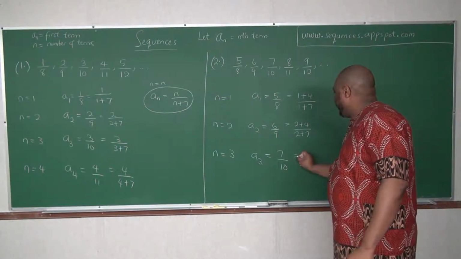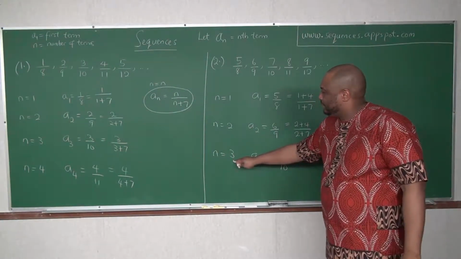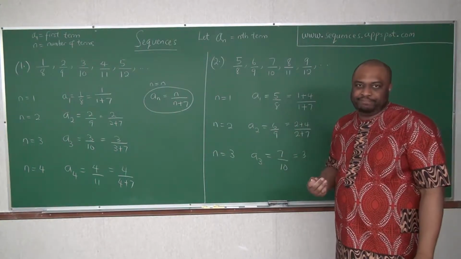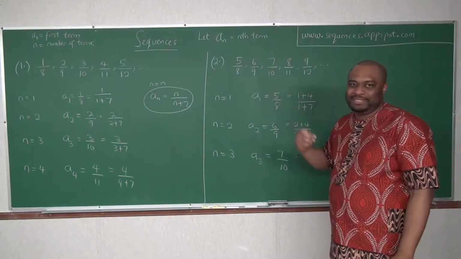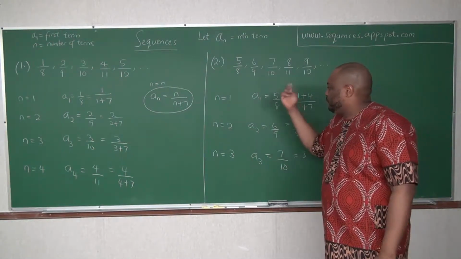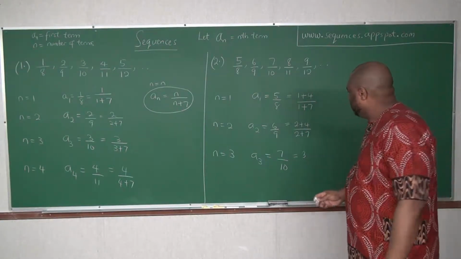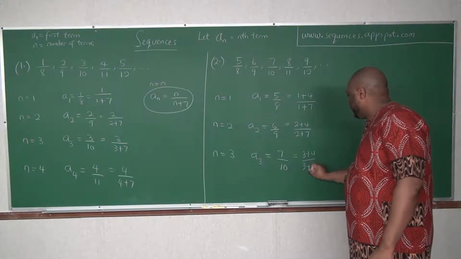Here, when n is 3, this is 3 because this is 3 terms, and a3 is the third term. n is 1, a1 is the first term. For the second term, n is 2. So the third term is 3 plus 4 over 3 plus 7.